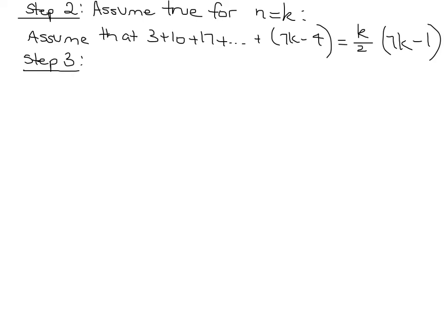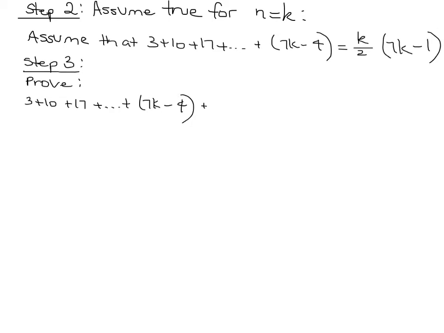So step 3, it's a good idea to write down what we need to prove. We want to prove that 3 plus 10 plus 17, so everything we've got in step 2, so that's k terms, plus the value when n equals k plus 1.